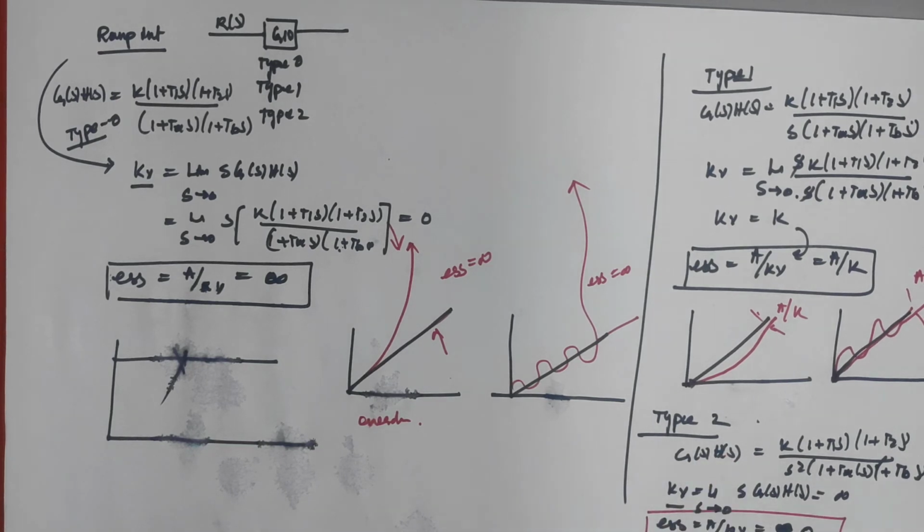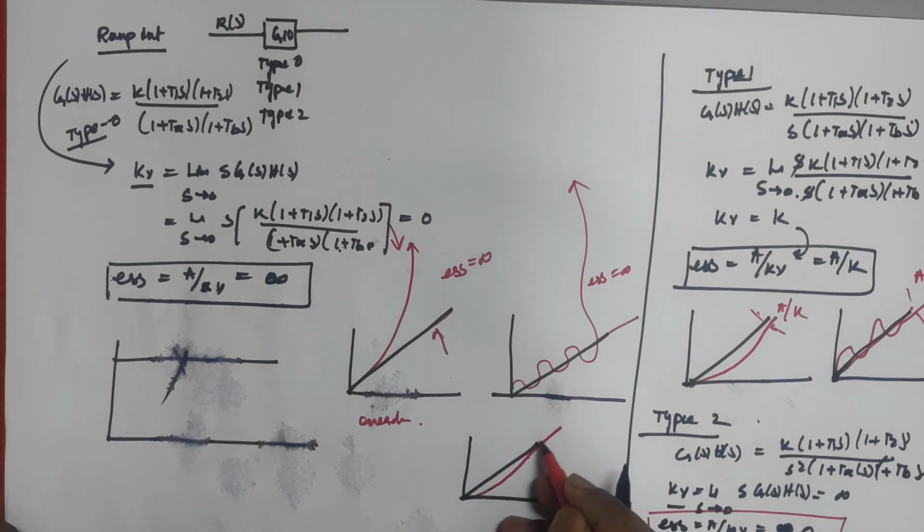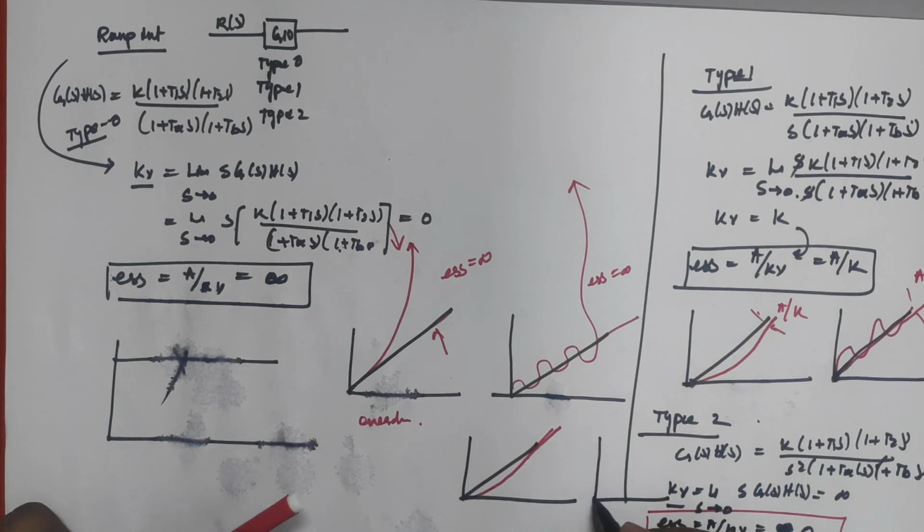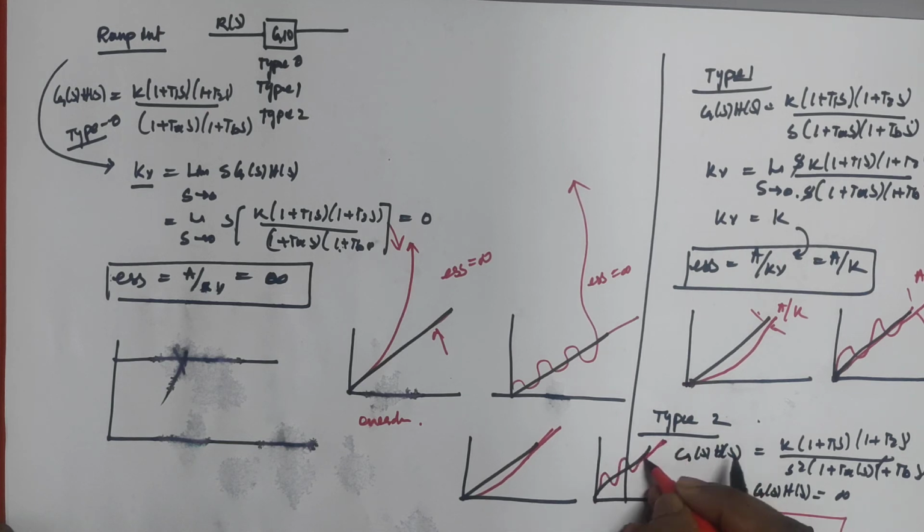For the type 2 system, if this is the desired response, I will get error 0 for the overdamped system. Now if my system is underdamped, what response will I get? The error is 0. Steady state error is 0 for the type 2 system.